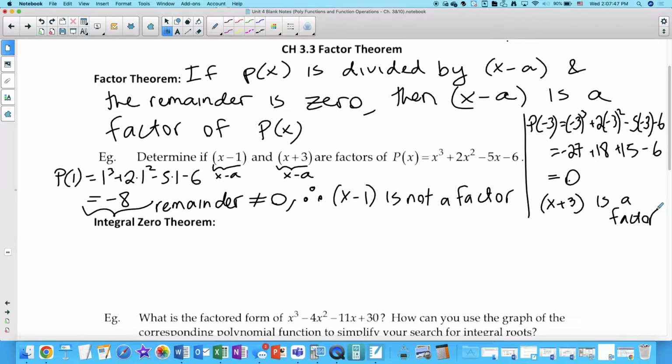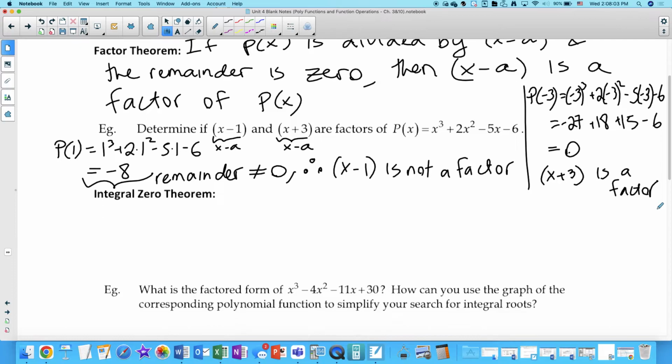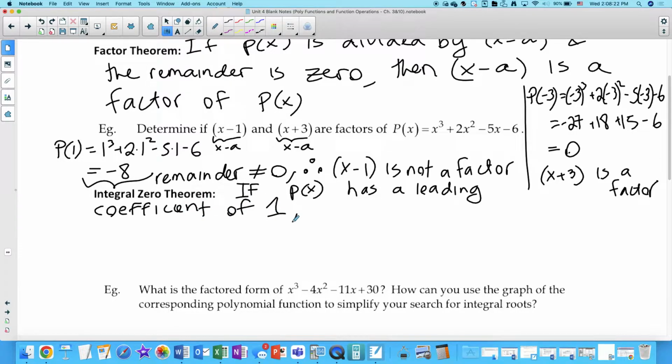Okay? So the integral zero theorem. This is going to help us to decide what should these a values be? What could be a possibility? Okay? And the integral zero theorem states that if the polynomial p of x has a leading coefficient of 1, and suppose x minus a is a factor of this polynomial.